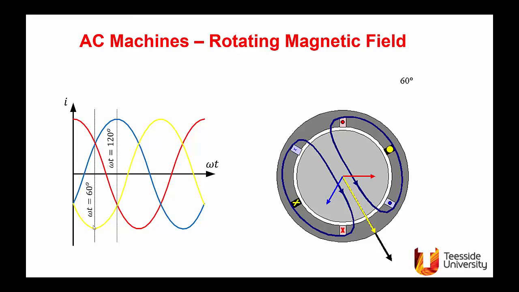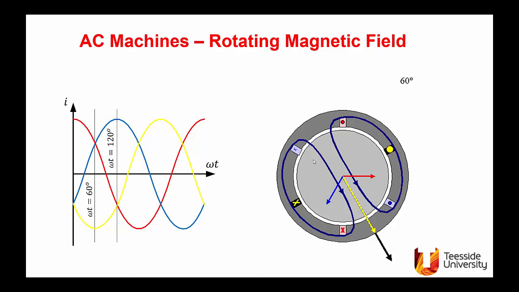The yellow is twice the magnitude, and you add the three vectors up, you get the resultant field. Note now that the current in the blue coil has reversed direction.